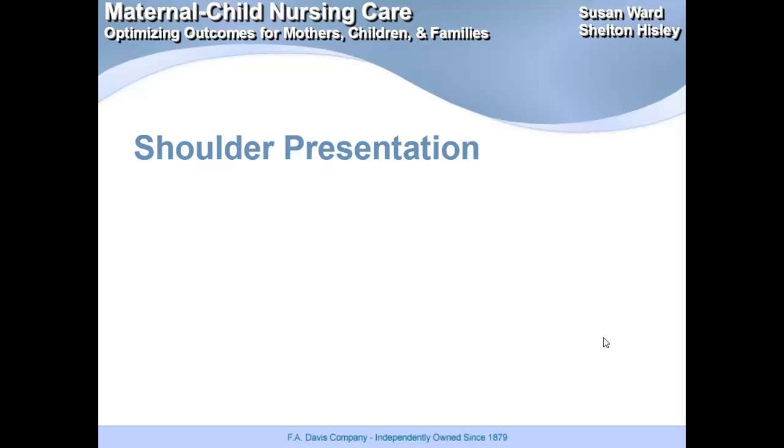So if baby is in this position, a C-section will be needed. Figure 12.8 on page 364 shows that shoulder presentation with that lie, and as you can see, it would be very difficult to get baby out safely, and so that is why a C-section will be needed, unless the physician can get the fetus to rotate.